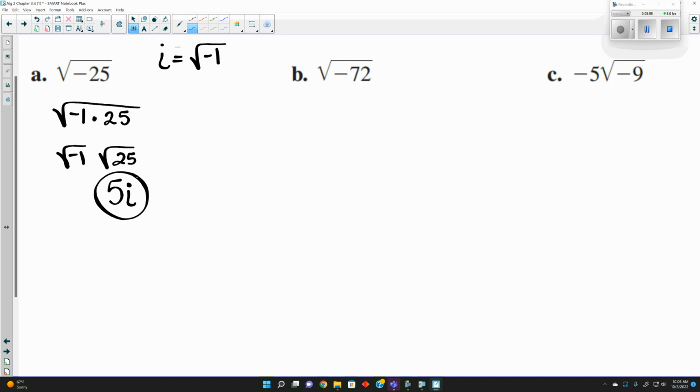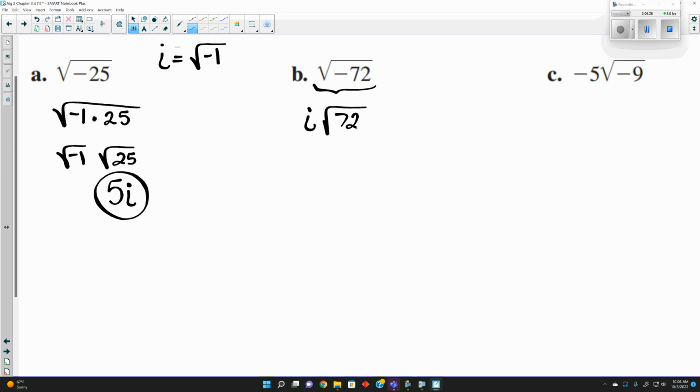Now, the nice thing is that with a lot of these radicals, the yellow calculator, the 30XS, will simplify radicals for us. But it won't simplify the square root of negative 72, because negative 72 is not a real number because of the negative. So the negative would come out as I, and we're looking at the square root of 72.